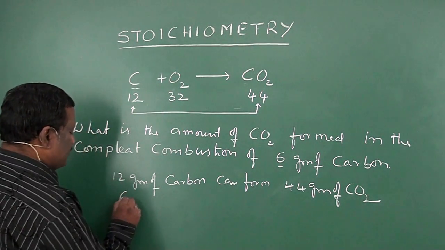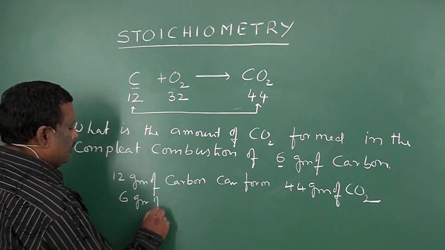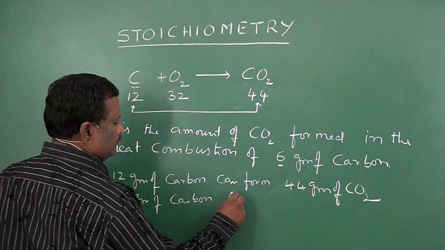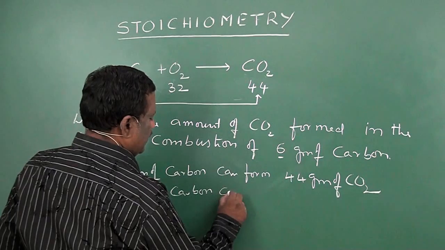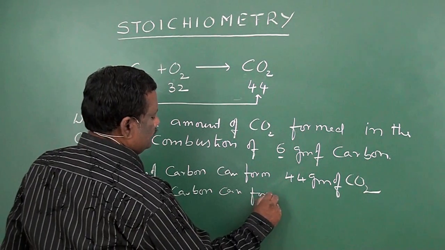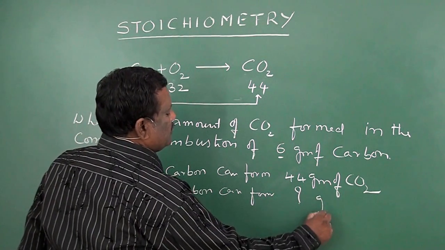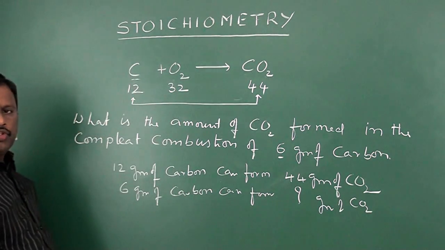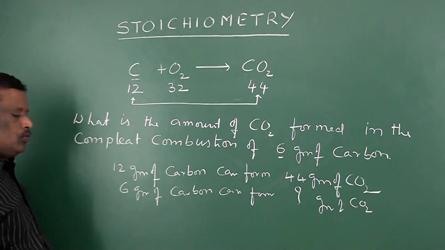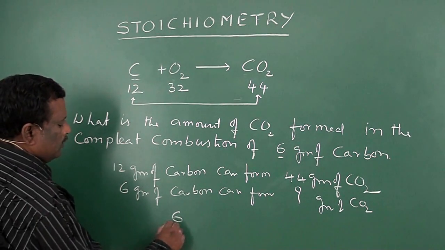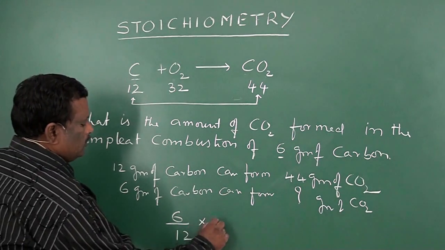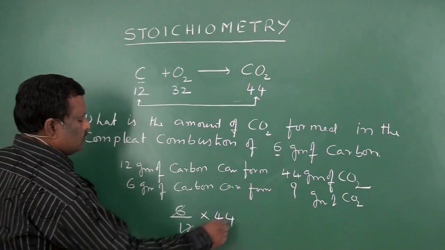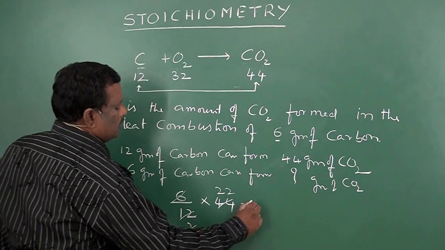Now for 6 grams of carbon, how many grams of CO2 can form? So it is directly proportional. So 6 by 12 into 44. 2 times 22, 22.